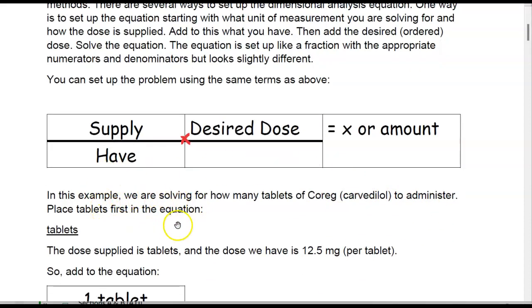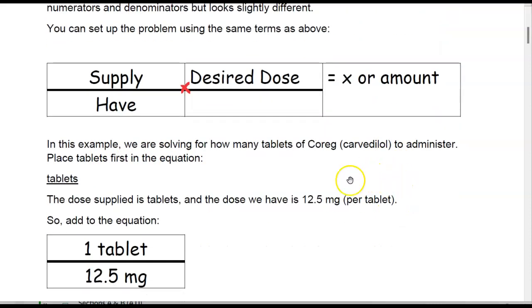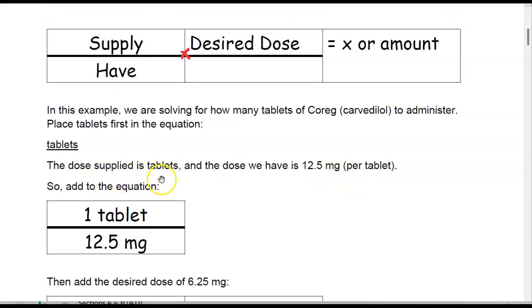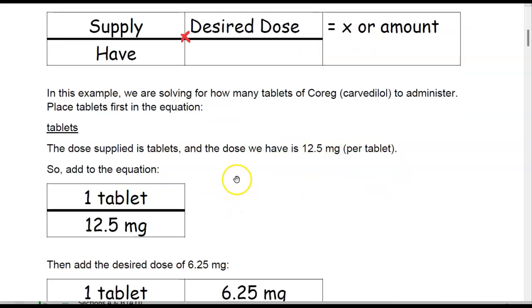So place tablets first in the equation. The dose supplied is tablets, and the dose that we have is 12.5 milligrams per tablet. How do you write that? On the numerator, you write one tablet over 12.5 milligrams.